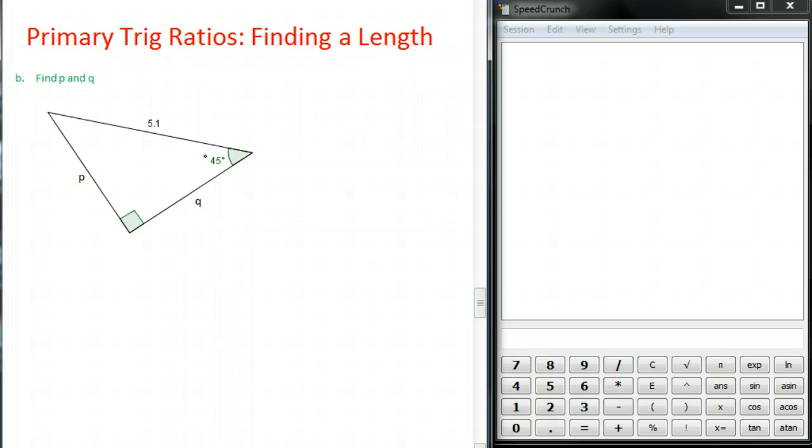Okay, so I know I need to use my primary trig ratio since I have a right angle triangle. So I'm going to write down SOHCAHTOA, and I'm going to first look at solving for P. So I have my angle of 45 degrees.